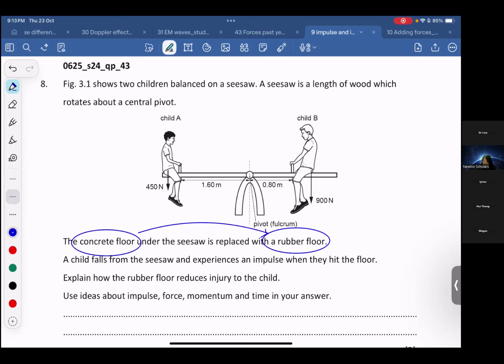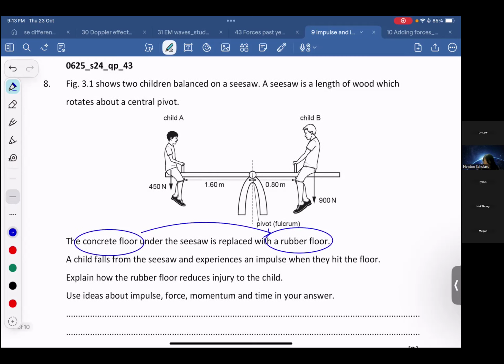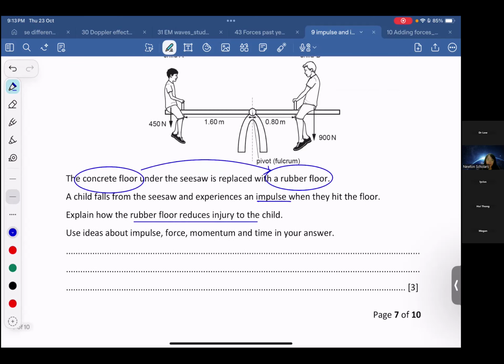A child falls from the seesaw and experiences an impulse when they hit the floor. Explain how the rubber can reduce the injury. Your idea can be about impulse, force, momentum or time.